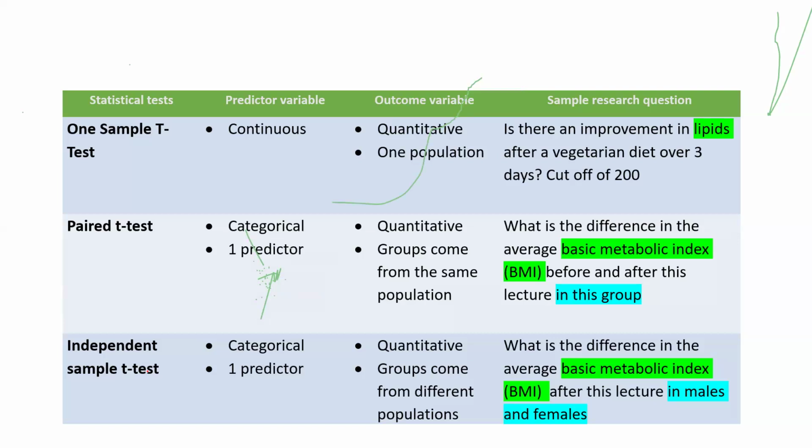And then for the paired sample t-test, it's maybe one group now. And I'm asking what is the difference in the average BMI before and after in this group? So for this example, I'm going to have 2 BMI readings, that is BMI before and BMI after. I want to see if there's a difference in the BMI before and after in one group.